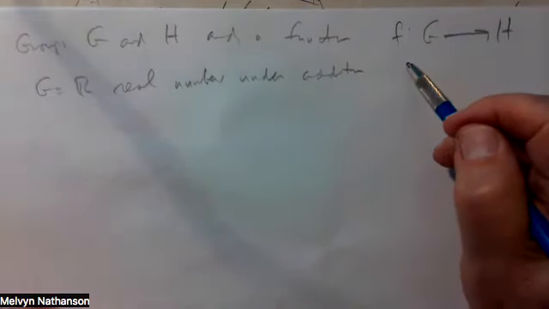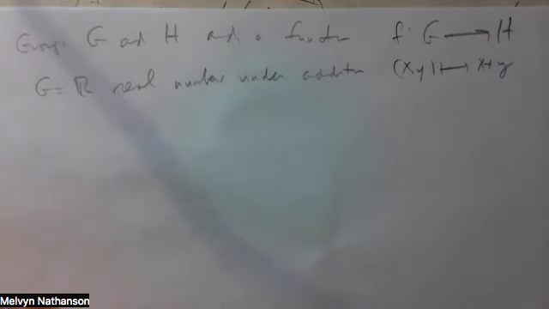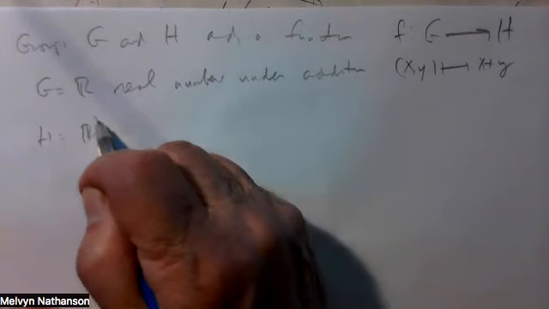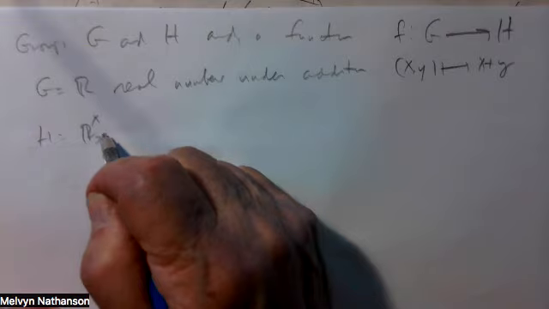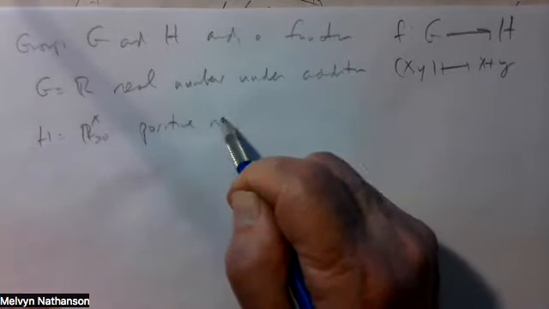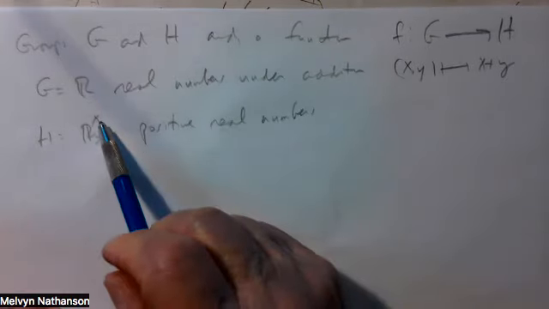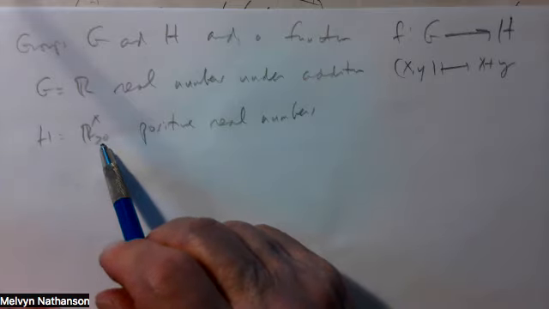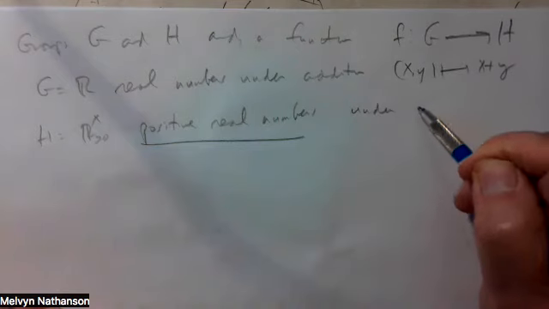So if you have two numbers x and y, they get sent to x plus y. And let H be the strictly positive real numbers. The star means we're throwing away zero, and greater than zero means positive. Just the positive real numbers under multiplication.